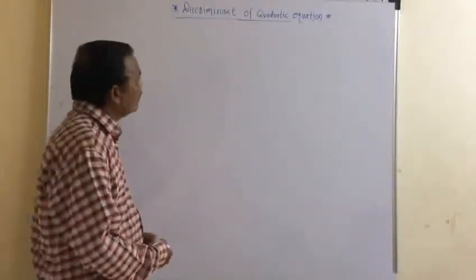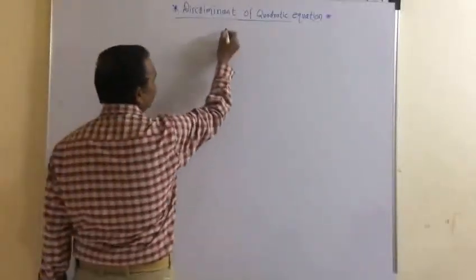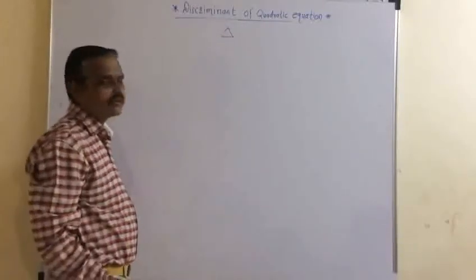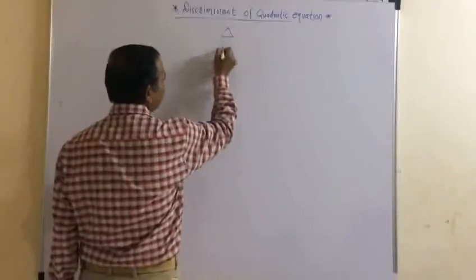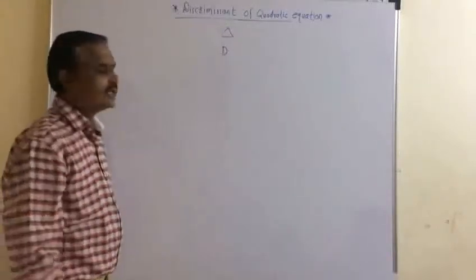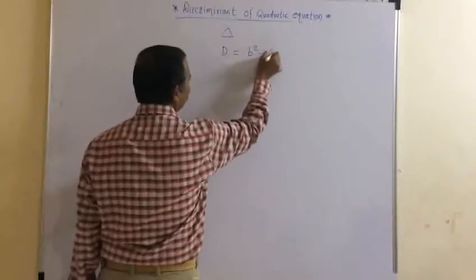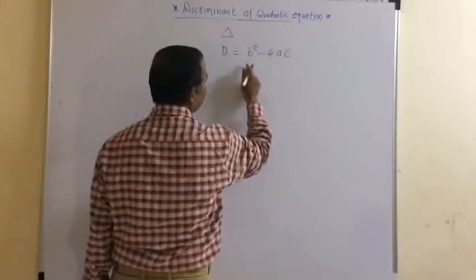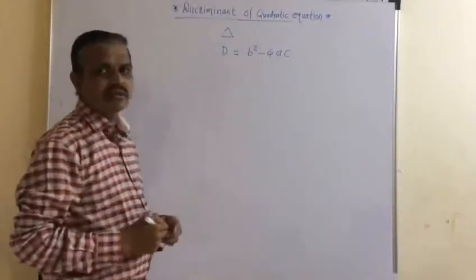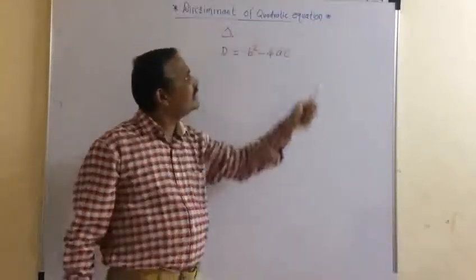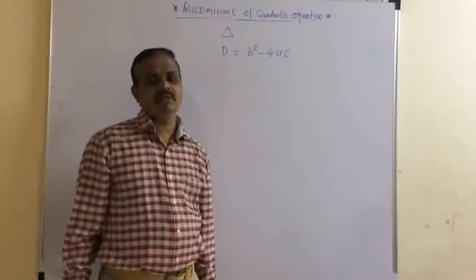It is denoted by the symbol delta or simply capital D. That means D is equal to b square minus 4ac, and this is the discriminant of a quadratic equation.